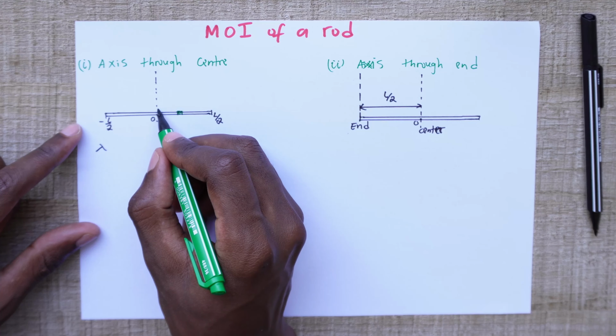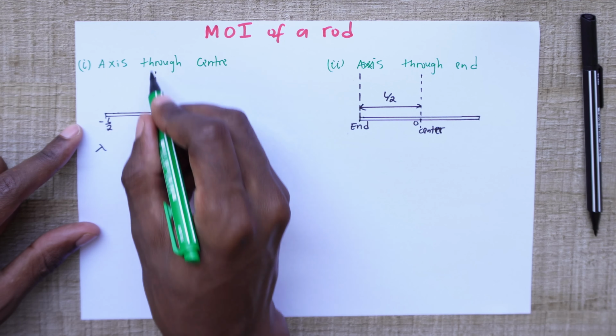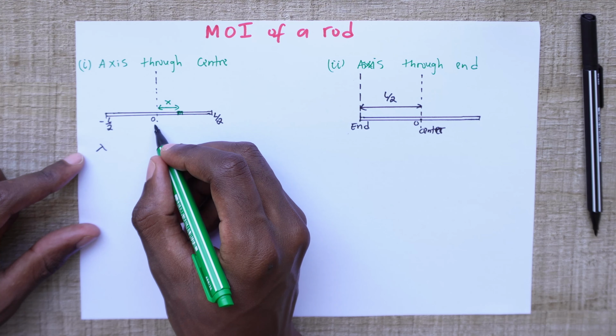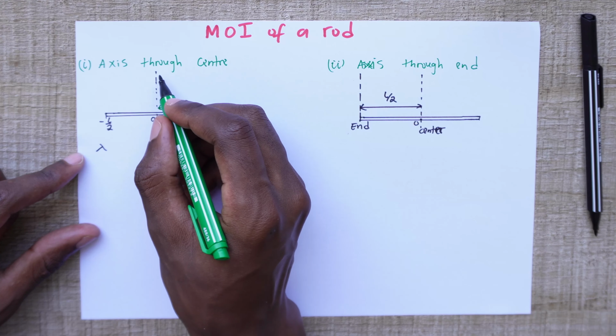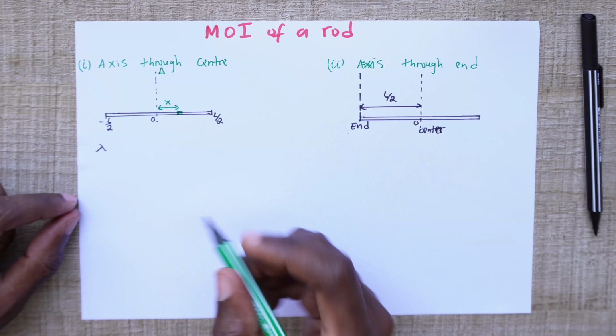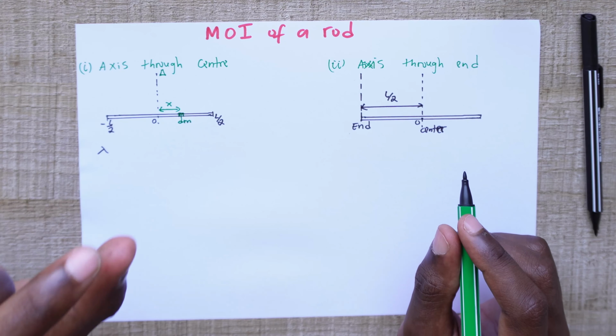Let's say it has a distance of x from the axis that passes through the center. If you want, we can call that axis delta. And then it has a mass of dm. So it's a very tiny mass.